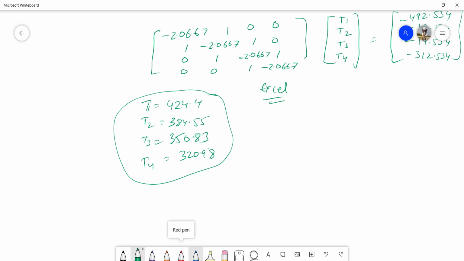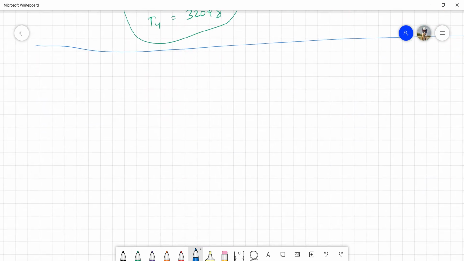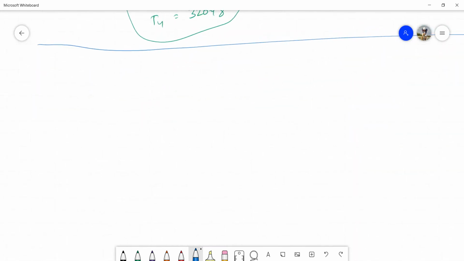Now, the second method is that we're gonna solve the same problem by the shooting method. And in the shooting method, we will first come across the same equation.